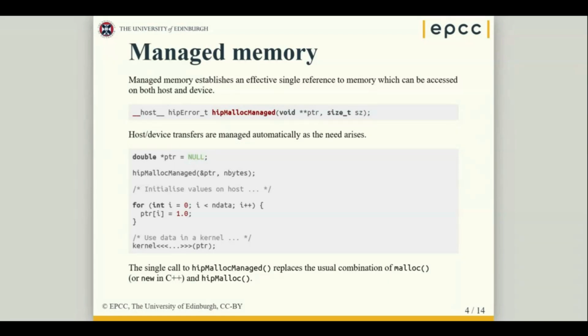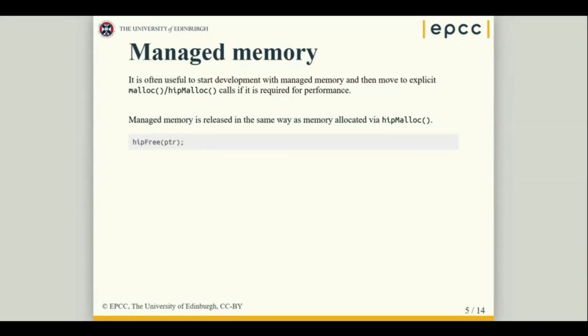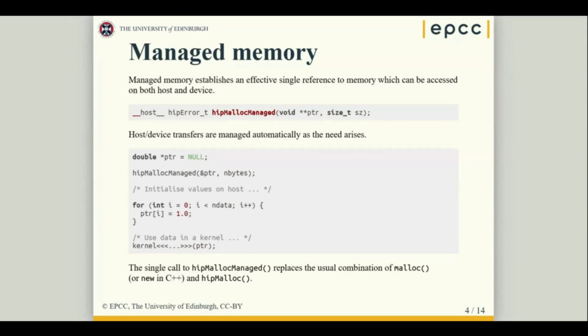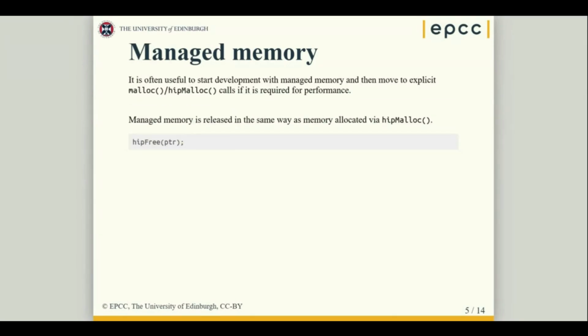The code will be easier and simplified. The memory that we allocate with hipMallocManaged is released as well using the same hipFree. We will not need to use another function.